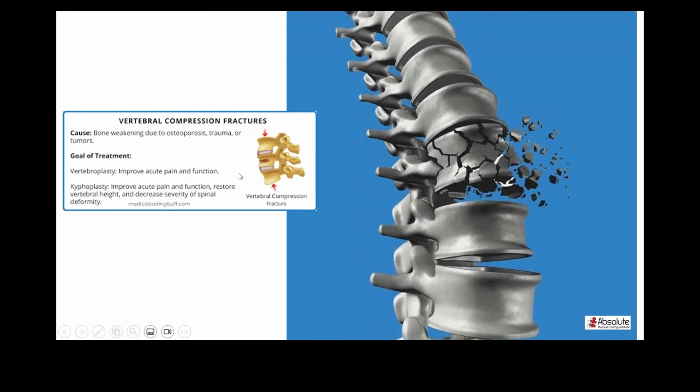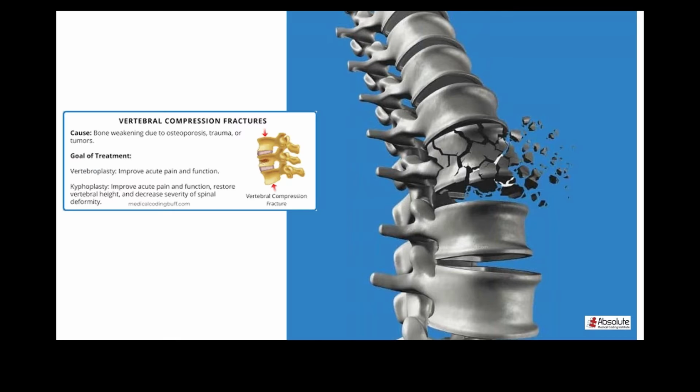And what is a vertebral compression fracture? A vertebral compression fracture is caused by the weakening of the bones due to osteoporosis, trauma, or tumors. And what is the goal of the treatment? A vertebral compression fracture can be treated in two ways. One is a vertebroplasty and the second one is a kyphoplasty.